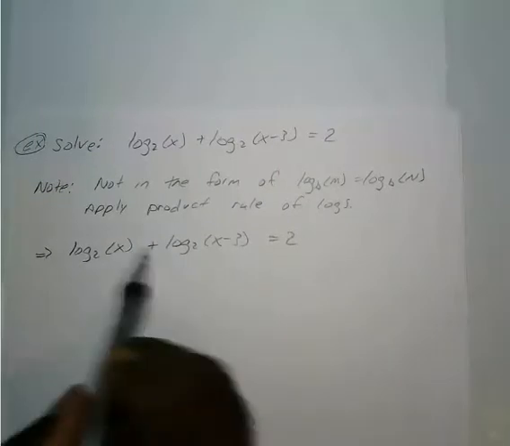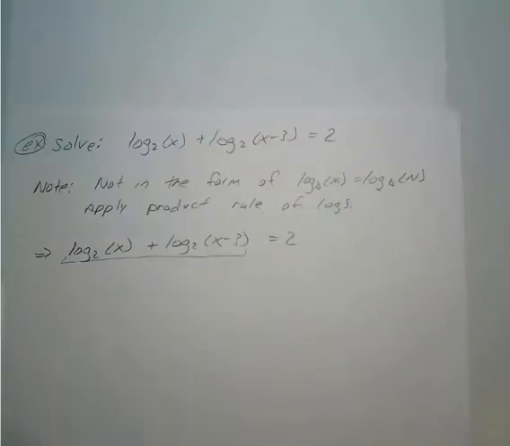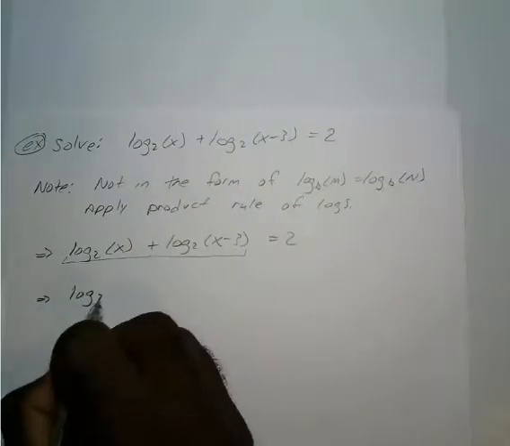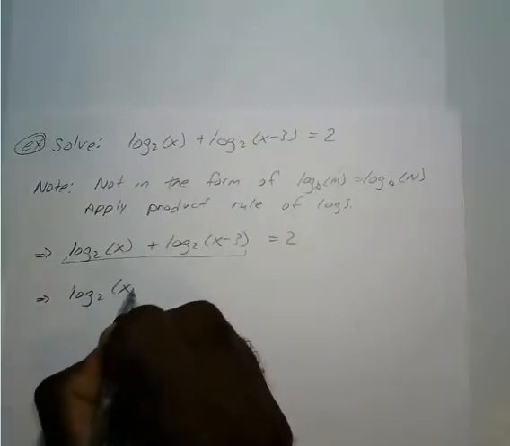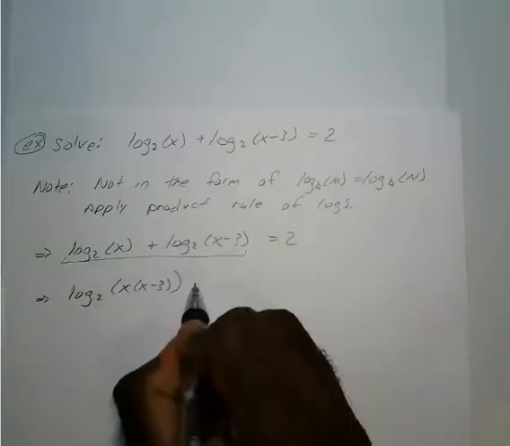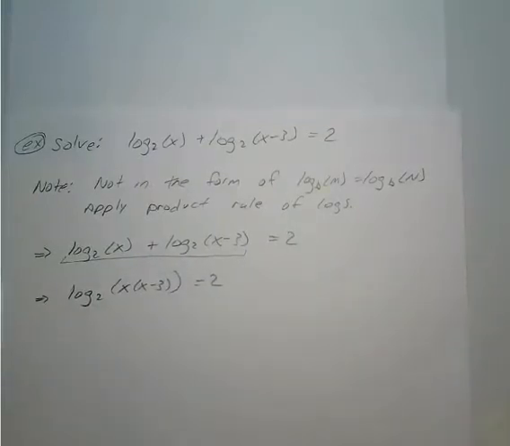You see here that plus sign, again, using the product rule, that becomes log base 2 of x times x minus 3 equals 2. Okay, so we won't always be able to apply our one-to-one rule for logarithms.